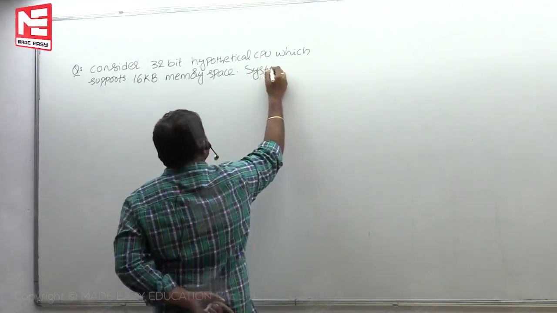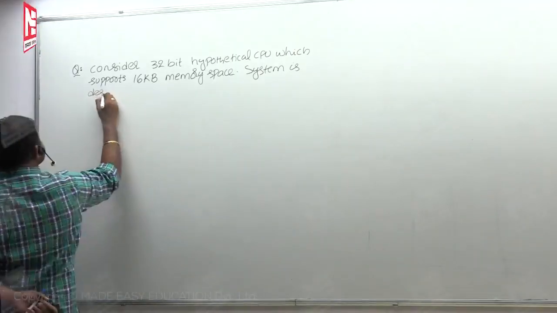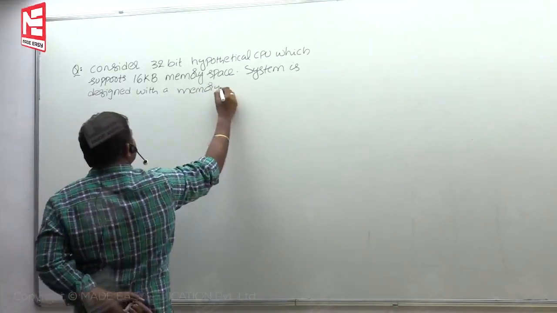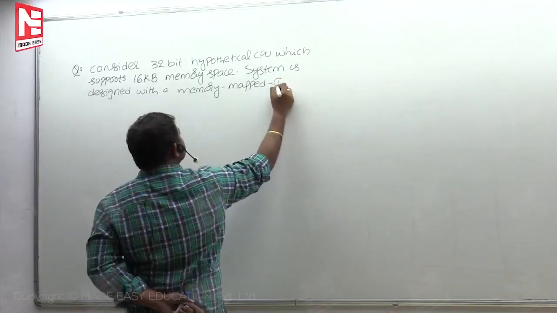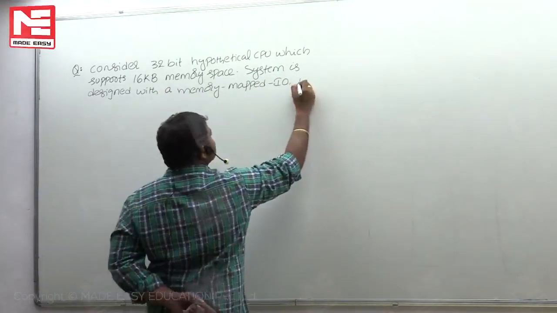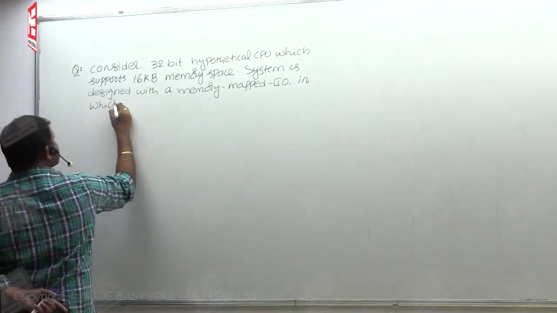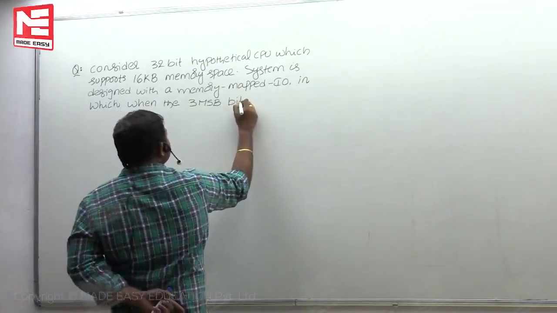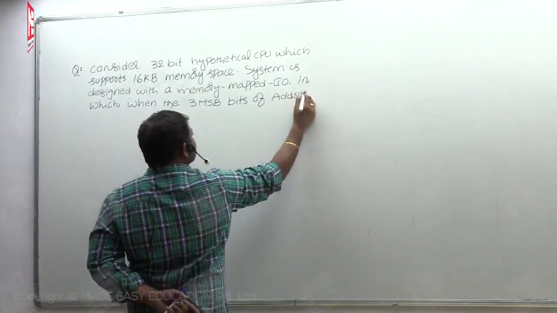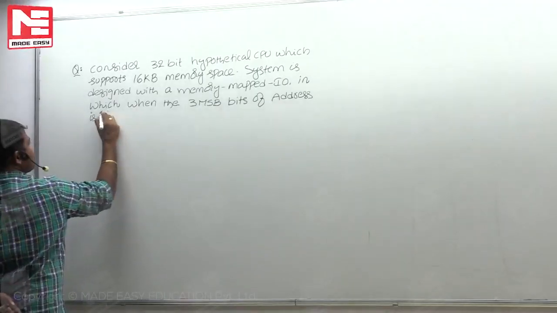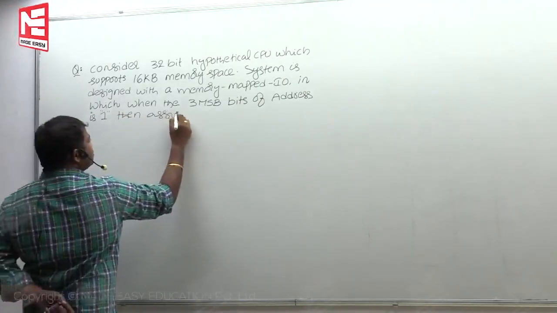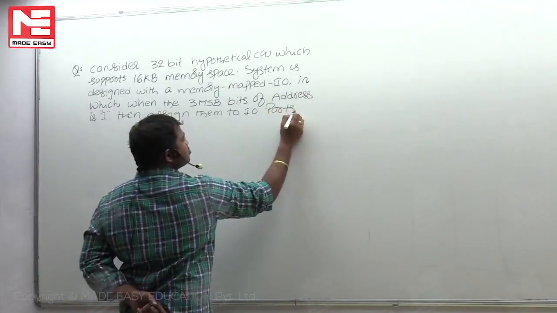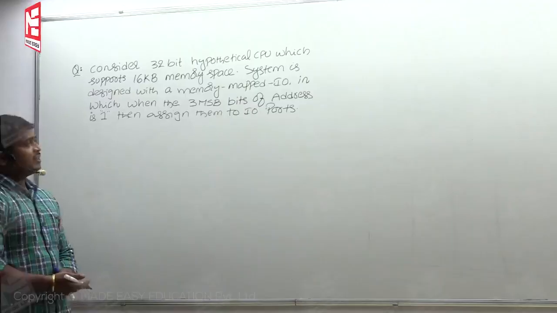System is designed with a memory mapped IO, in which when the 3 MSB bits of address is 1, then assign them to IO ports.